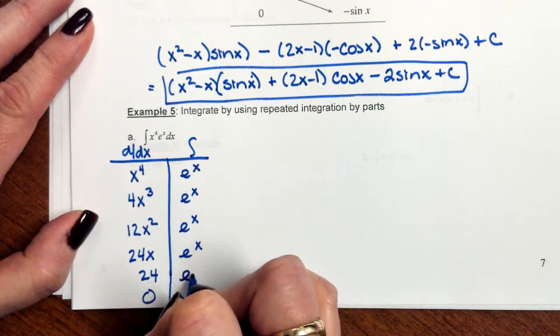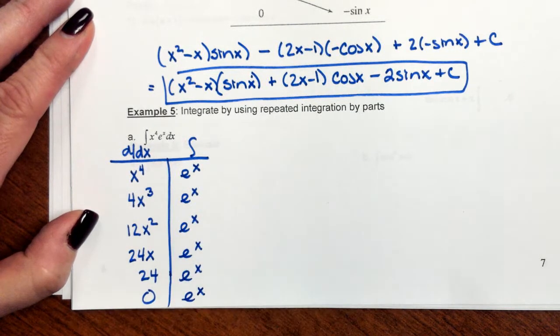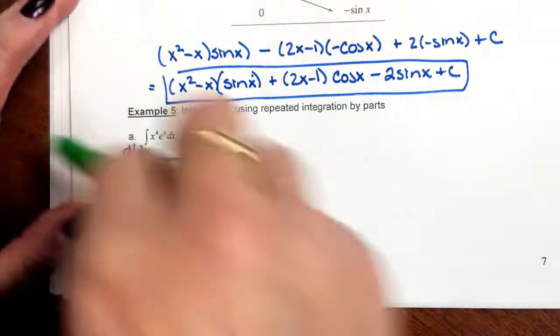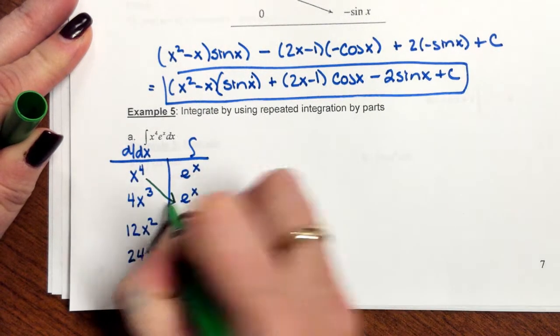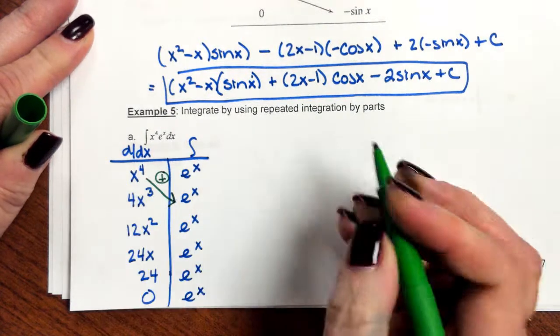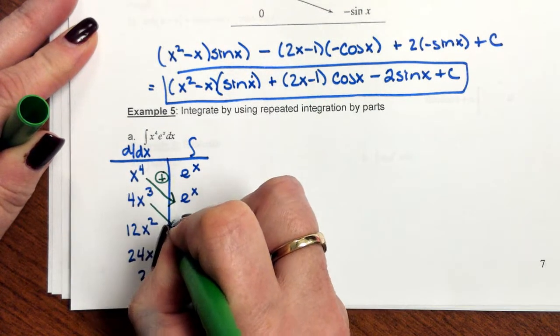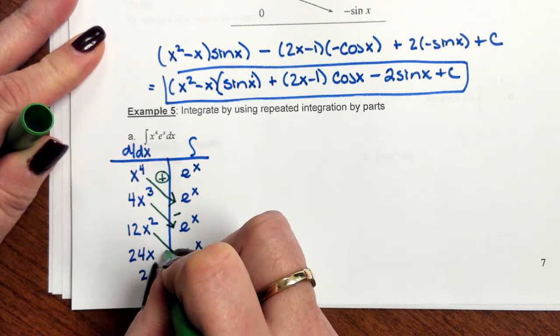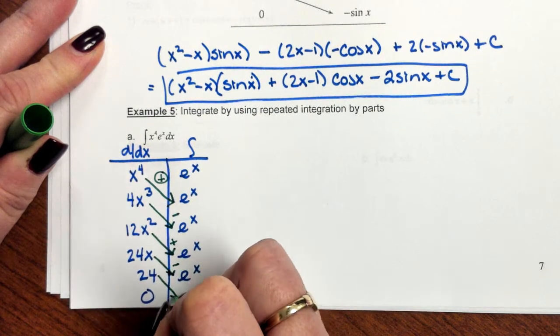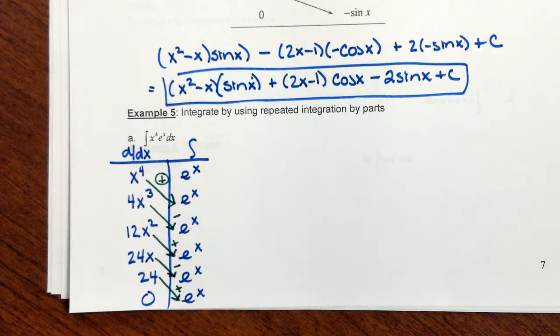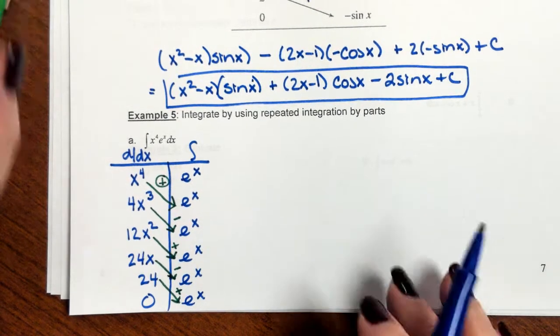And I know the integral of e to the x is just e to the x. So now I'm going to draw my arrows. So I'm going to draw from my x to the fourth down to the second row, I start with a positive. Alternate your signs. That's a negative. Positive, negative, positive.